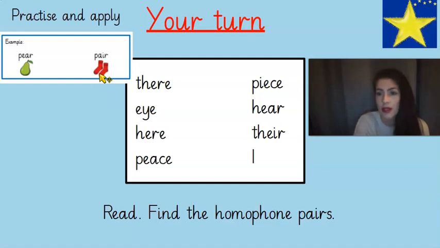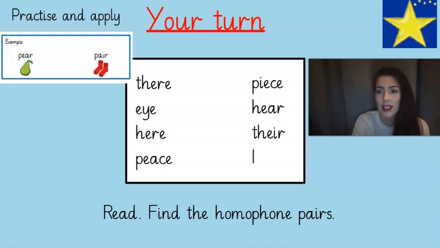Can you see the difference there? What I want you to do is I want you to pause the video and match up some pairs of words. So match up the pairs of homophones. Which word on this side sounds exactly the same as the word on this side? I want you to join them up and then we'll check them together.